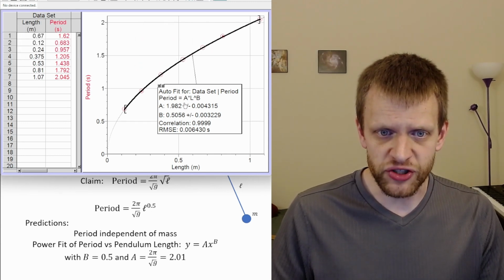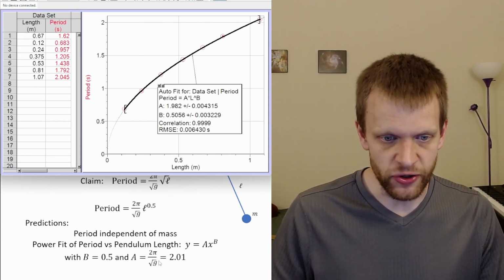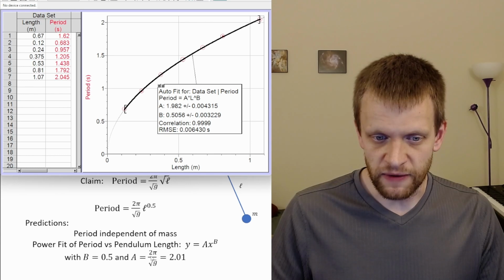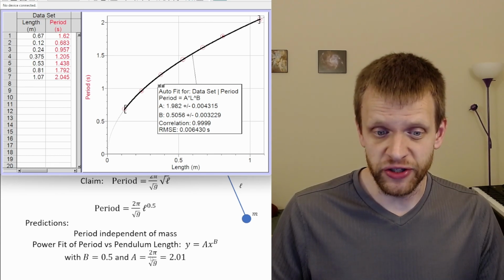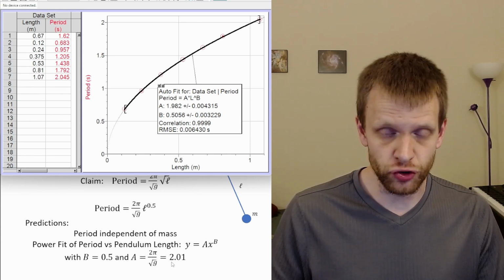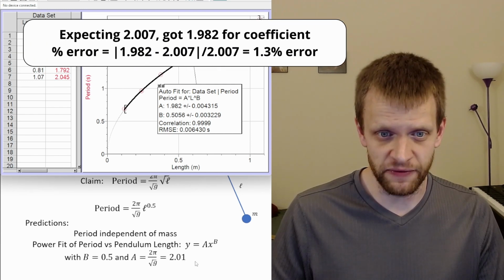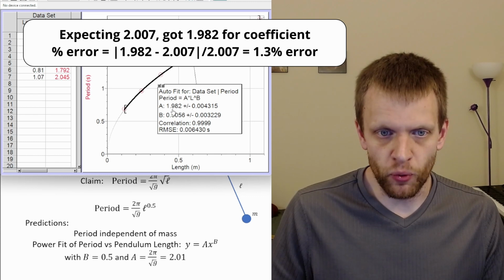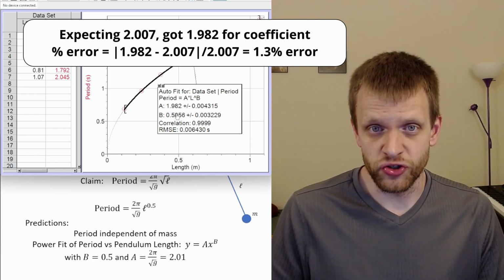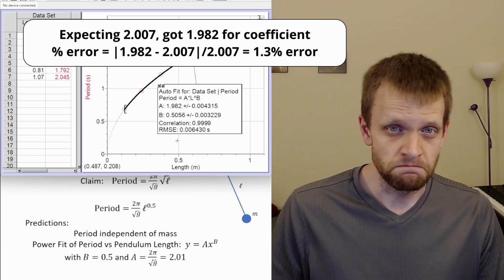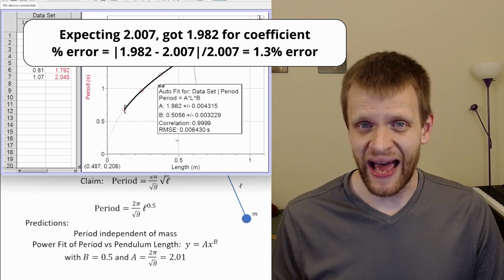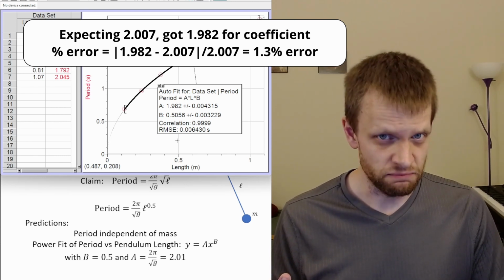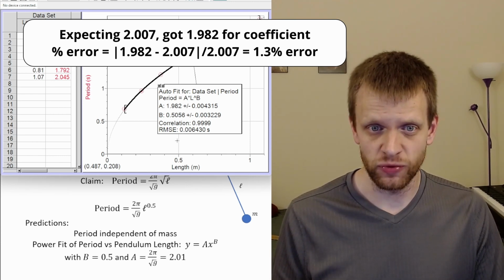What about this coefficient in front, this capital A value? The prediction was that we should get 2 pi over the square root of g, which is around 2.007, which we'll round to 2.01. We got 1.98 compared to 2.01, which looks like around 1.5% off. Again, a really close match with that data.